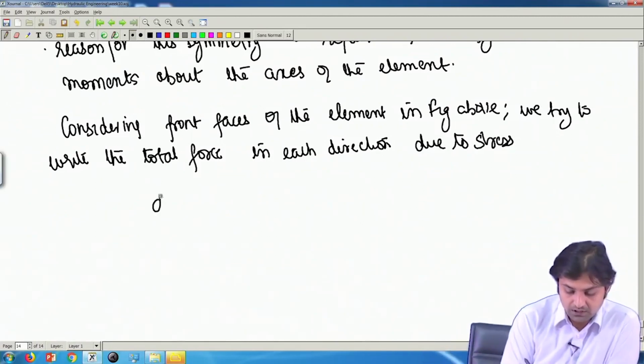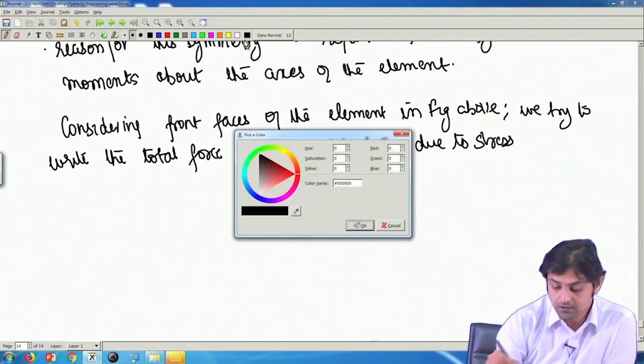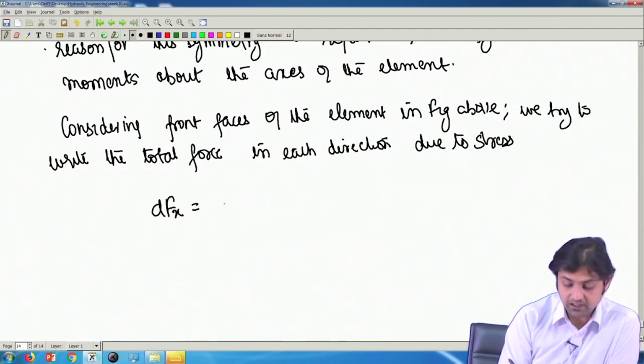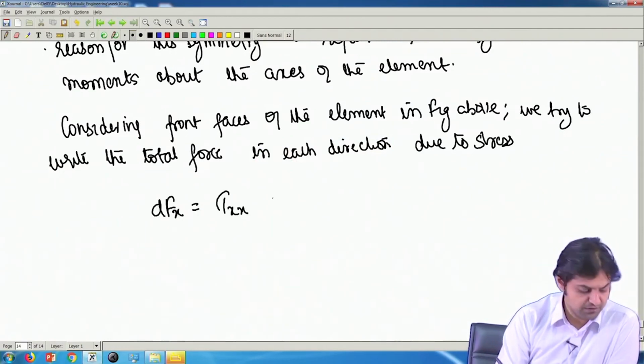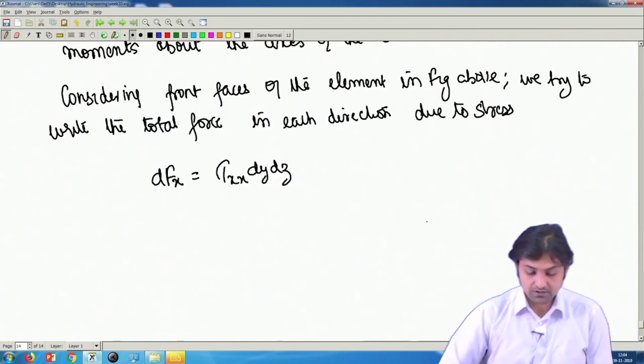So dfx in x direction. So tau xx is in this direction and it's acting over the plane which has an area of dy dz. I should actually show you once for this one.